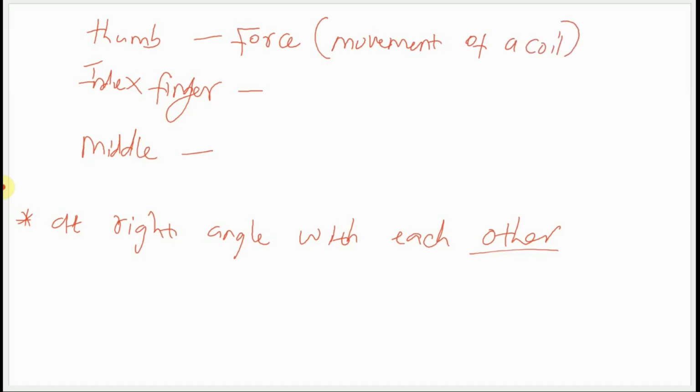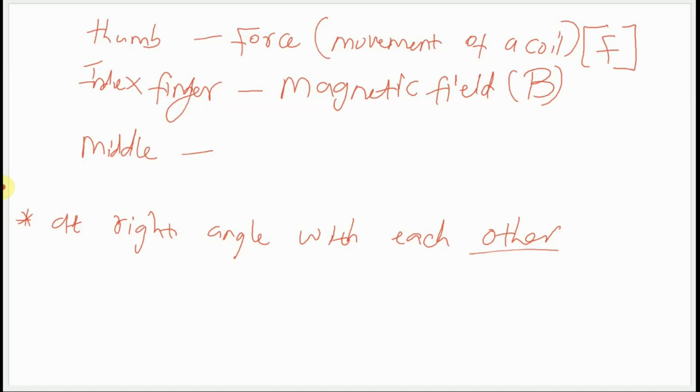The index finger shows the direction of the magnetic field, which is B. For the force I'll put the letter F, and the middle finger shows the direction of the current. Current is capital letter I.